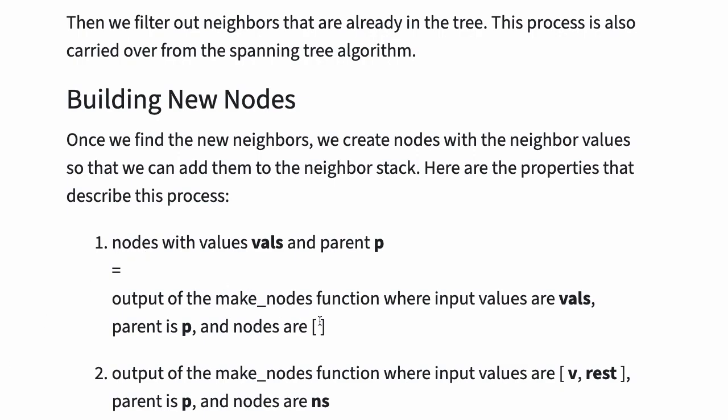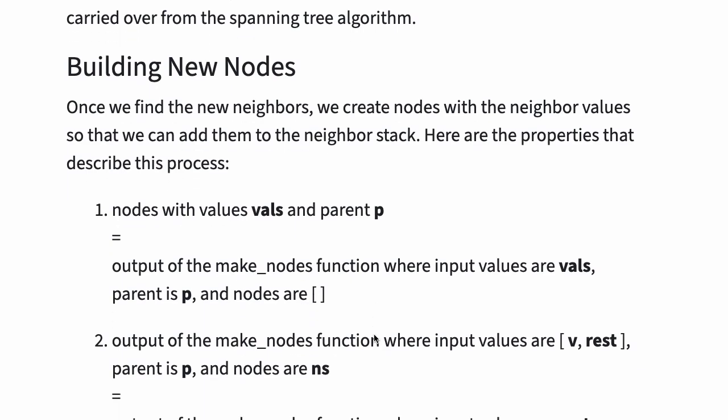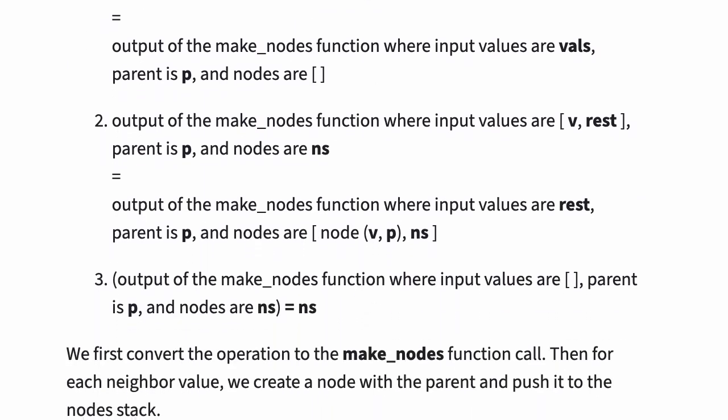Property 1. Nodes with values vals and parent p is equal to the output of the makeNodes function, where input values are vals, parent is p, and nodes are an empty stack. Property 2.